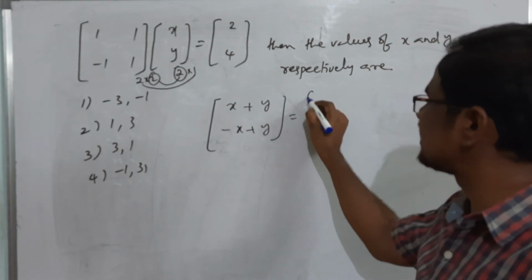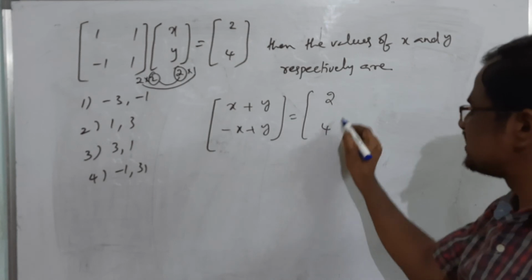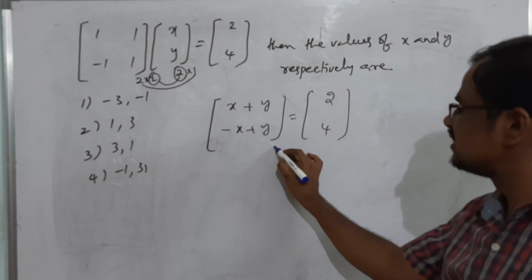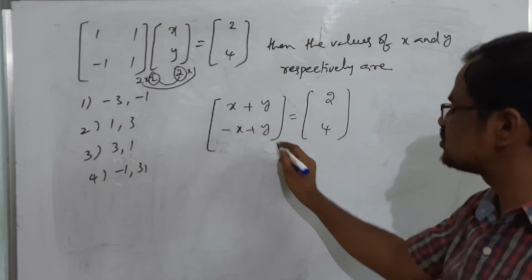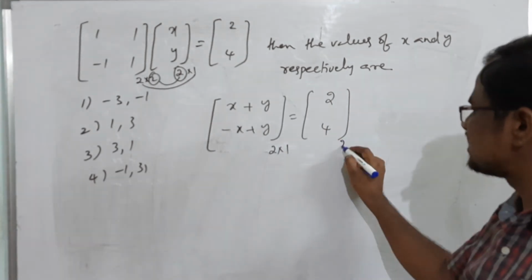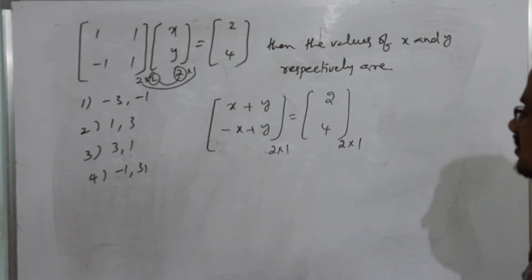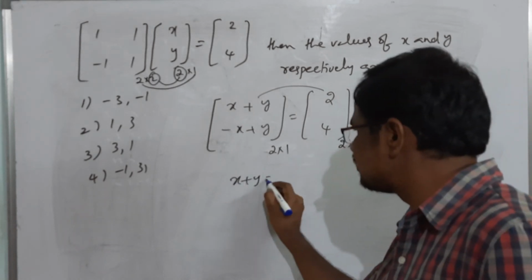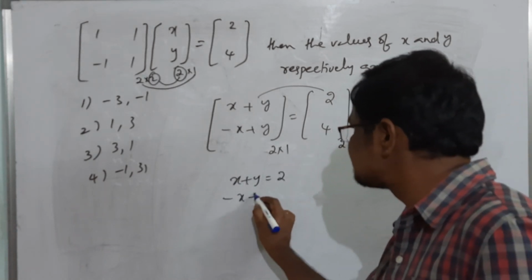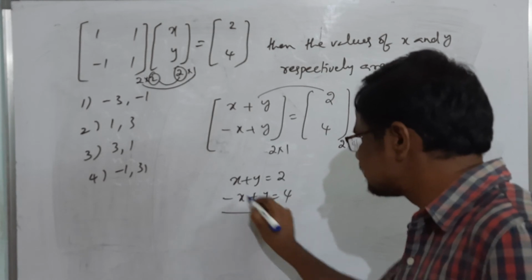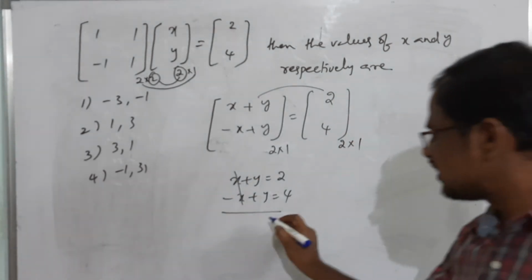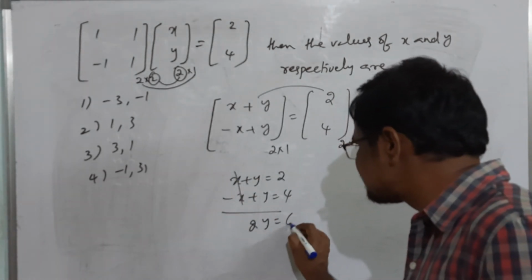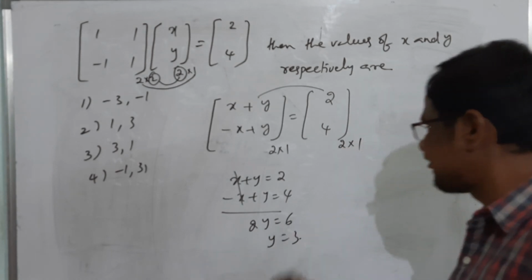That is equal to, right side what is there? 2 4 is there. So this is order 2 rows 1 column, and this is also 2 rows 1 column. So if you equate these two, x plus y equal to 2 you will get, minus x plus y equal to 4. So these two get cancelled. Now here 2y equal to 6, y equal to 3.